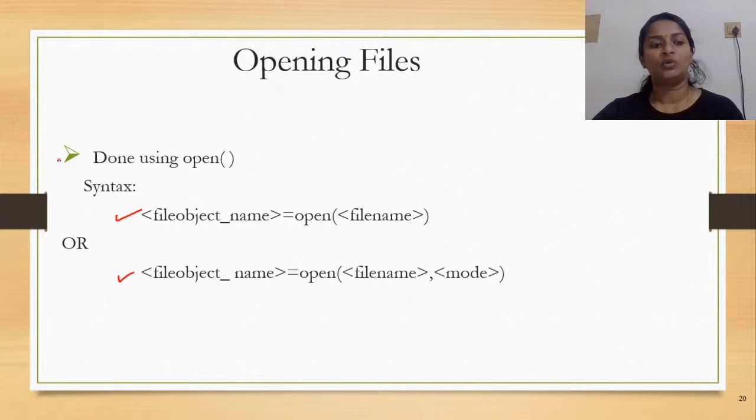This much size is going to be allocated for your file. Usually we do not write that because it is completely optional. From the syllabus point of view, you just need to learn two syntaxes: the open function with just one parameter, where you only give the file name, or the open function with 2 parameters, the file name as well as the mode. It is equated to a variable on the left hand side, and this variable is the file object name.